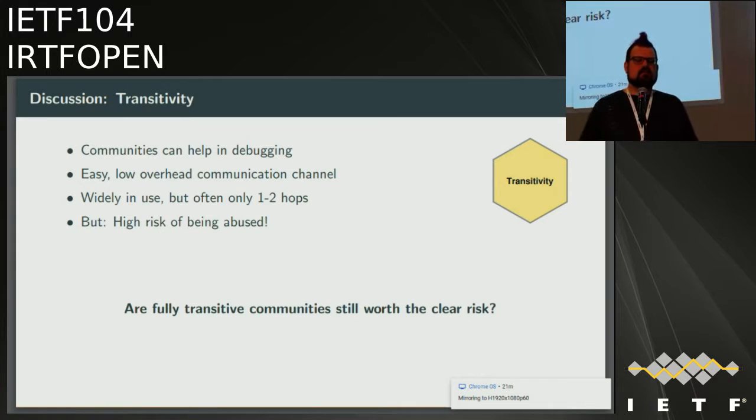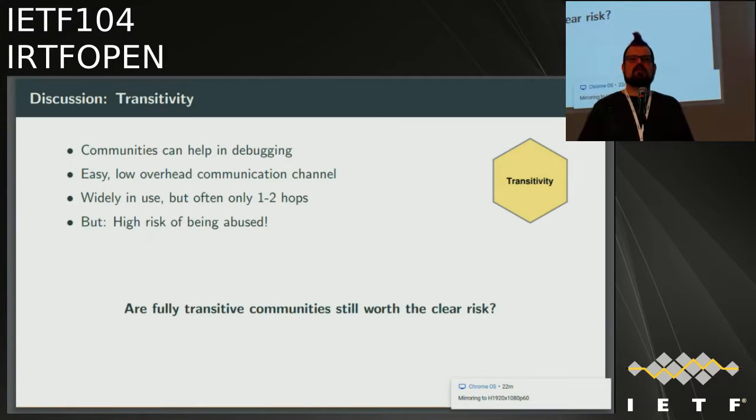Another thing that could probably lead to big discussions here is, we know communities are very helpful in debugging, because you know what is happening in the network and why certain networks are forwarding traffic in a certain way. And they are indeed a very easy, low overhead communications channel and widely in use. We still only see them being used 1 or 2 hops away.